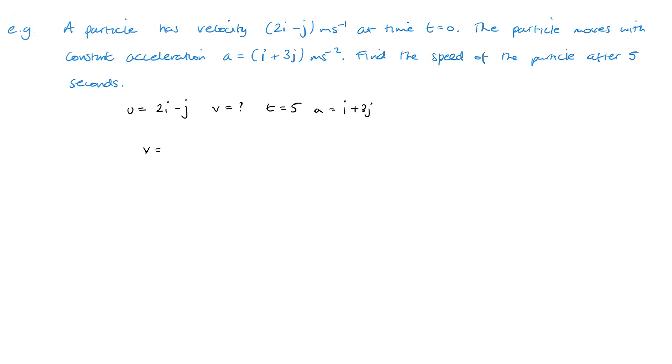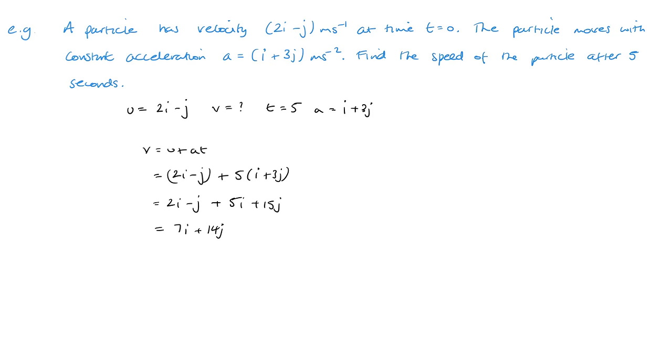So this is v equals u plus at. So it's 2i minus j plus 5 times i plus 3j. So 2i minus j plus 5i plus 15j. So that's 7i plus 14j.